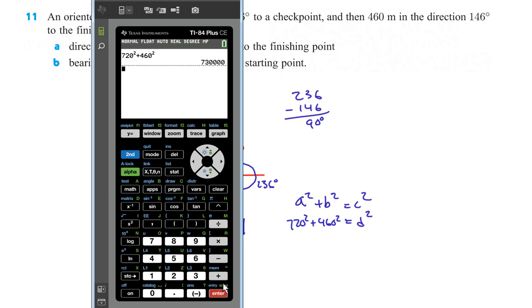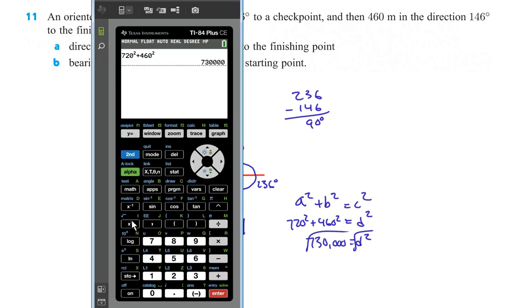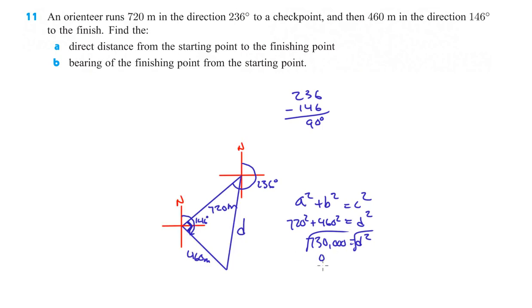That gives us a big number, I bet. 730,000 equals d squared. So we take the square root of both sides, and we get 854.4 meters as the distance. Okay, so this is part A.